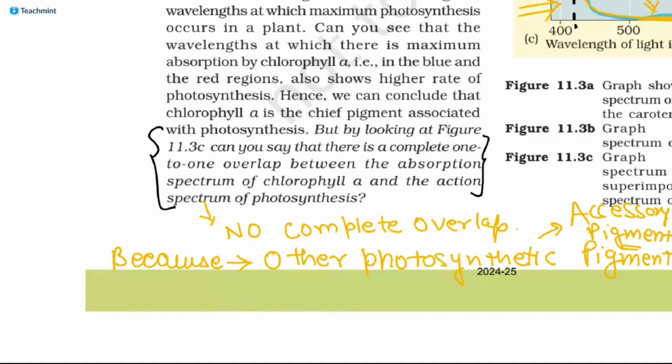And who is the main actor? Chlorophyll A, right? So the movie doesn't just need the main actor, it also requires other actors. This is an identical scenario. So that's why we say that chlorophyll A is the major photosynthetic pigment, but not the only photosynthetic pigment. Can we say that? Yes, sir.